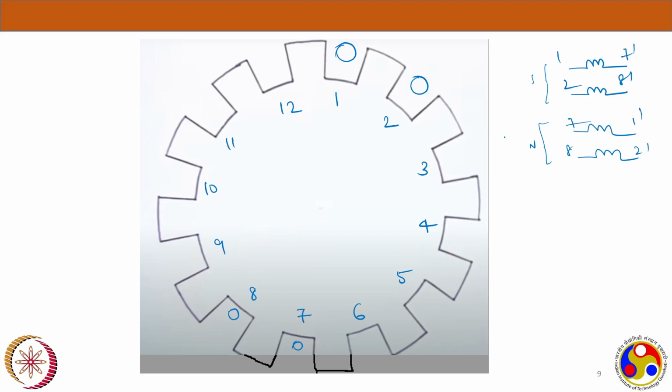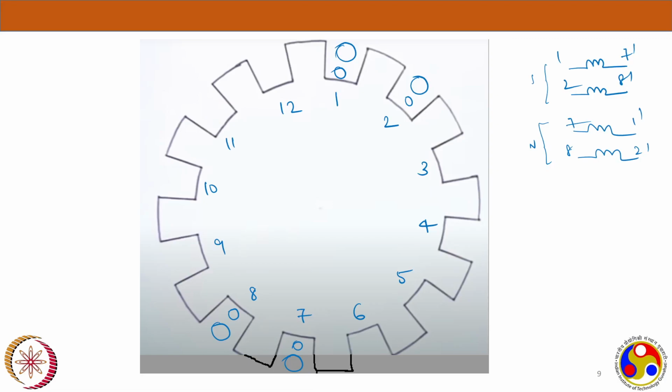Now the next one is 7 and 1 dash, 7 here, the big one, and the return path is 1 dash here, and then 8 and 2 dash. So we completed all the R phase windings. R phase is completed now.